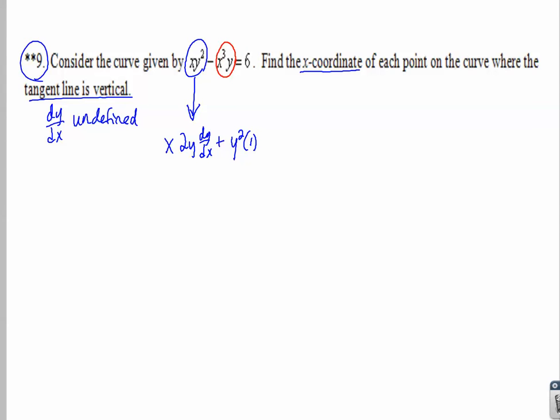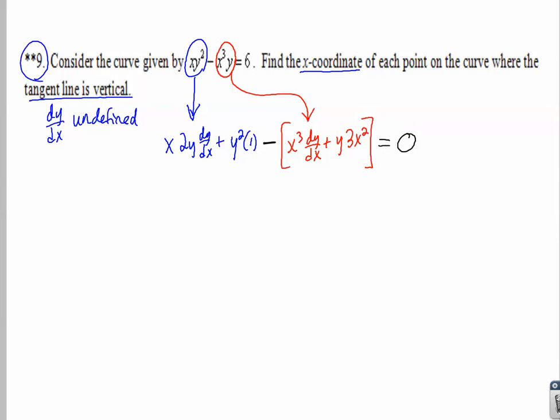So minus, and then let's do that other product. First times the derivative of y is dy dx plus y times the derivative of the second, 3x squared. I put the brackets because of the minus. I don't want to mess up my signs. Equals 0 on the other side.